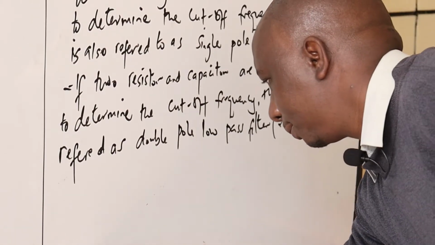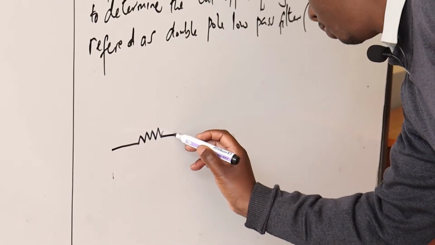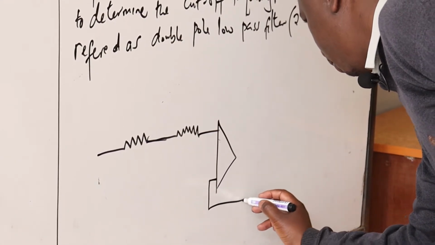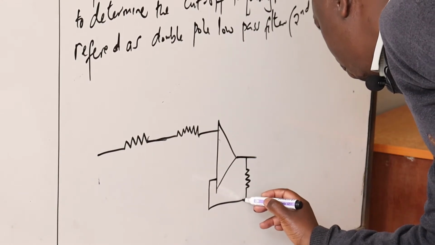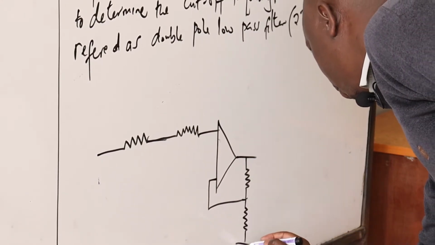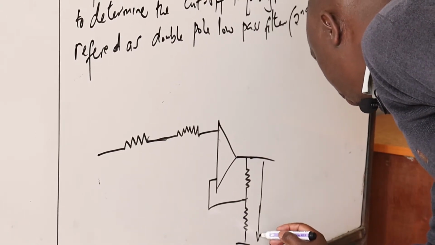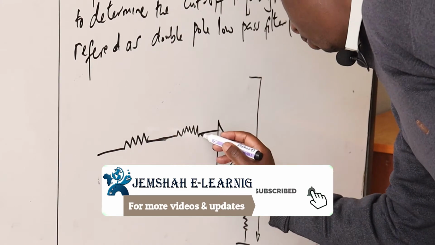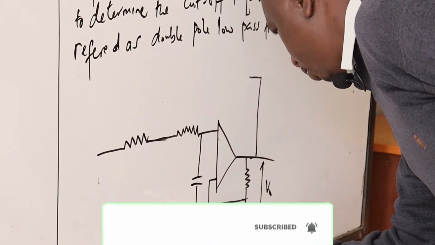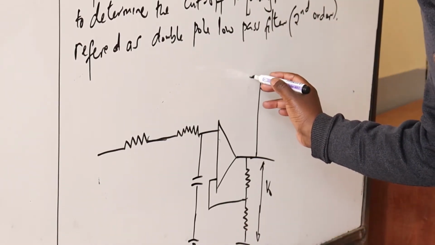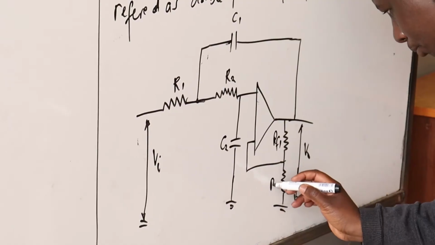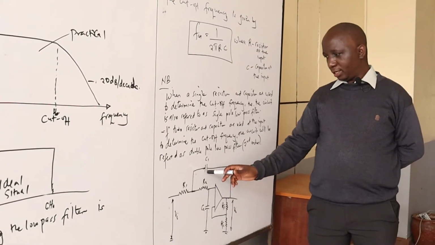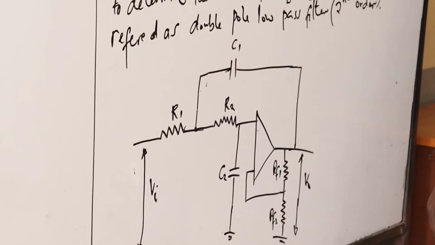So I'm going to have a sketch of that. When you look at this diagram, we are realizing that there's a capacitor between the two resistors and also a capacitor at the input.